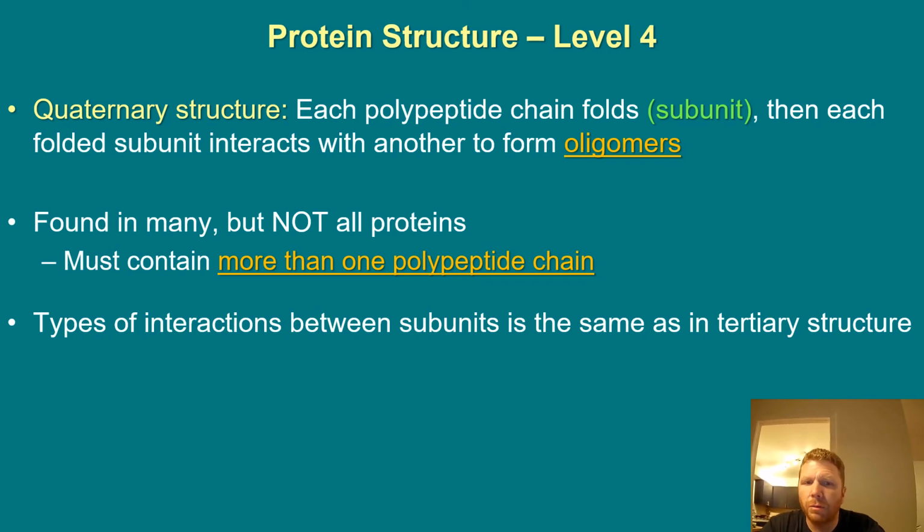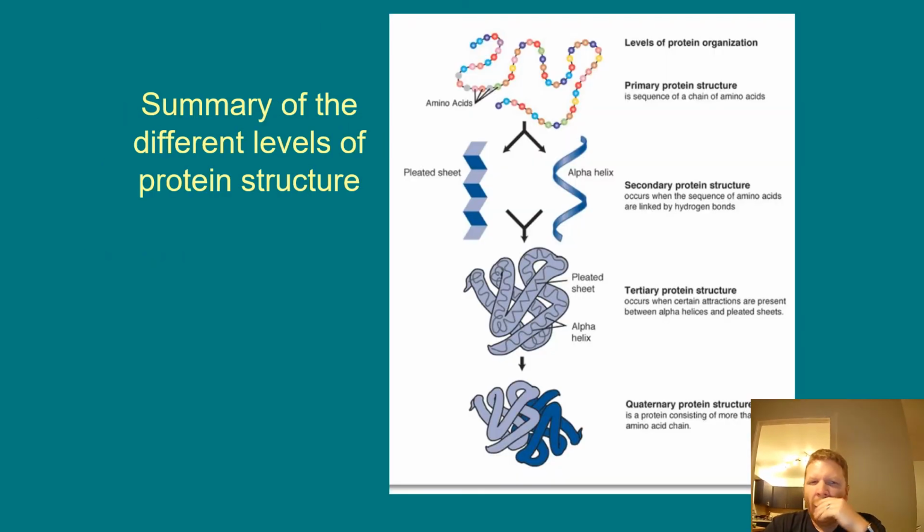So this is found in many proteins, but not all of them, because of this requirement right here. You've got to have more than one polypeptide chain. Now, the types of interactions between the subunits are the same as the tertiary structure. So you're dealing with hydrophobic interactions, salt bridge formation, hydrogen bond interactions, a whole host of other interactions.